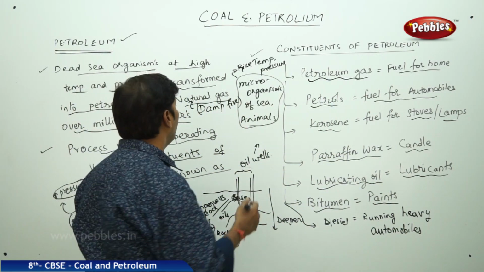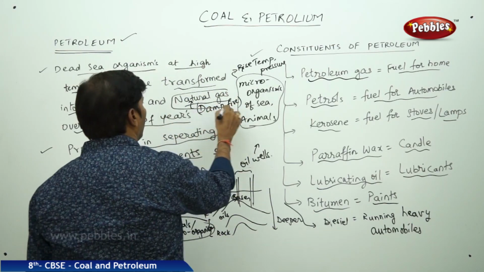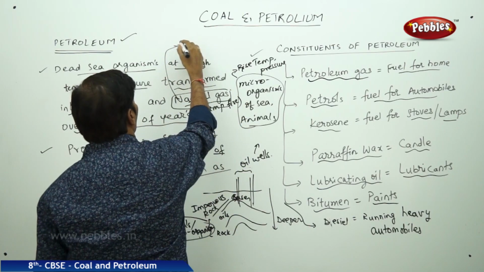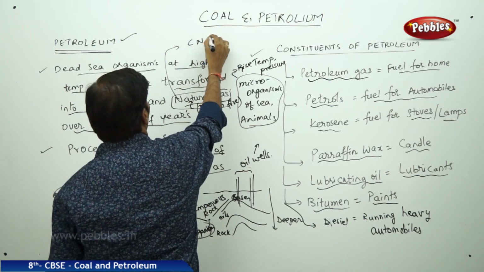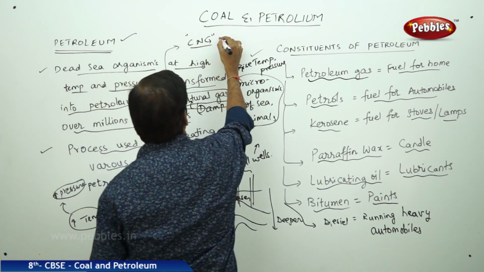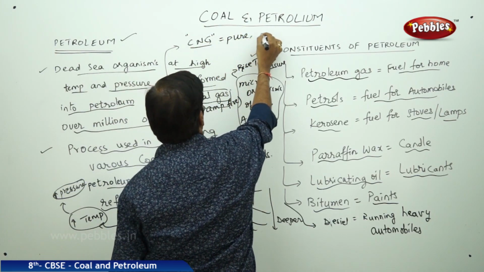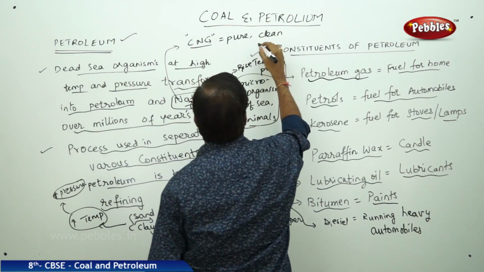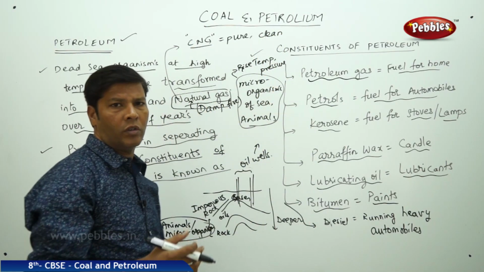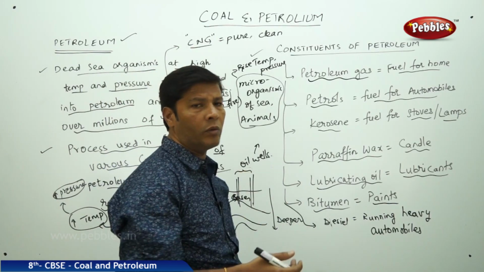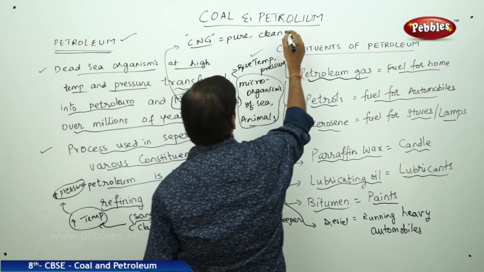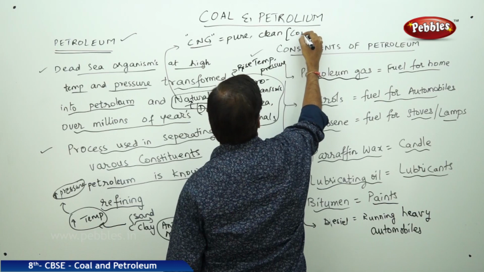And if you go for natural gas, nowadays it is obtained in the form of CNG. The CNG is pure, clean, and free from any smoke. So therefore it is easy to handle also. That's why this natural gas is now transported in compressed form.